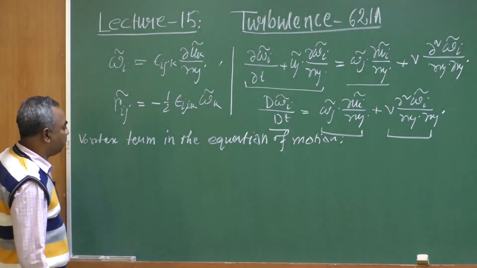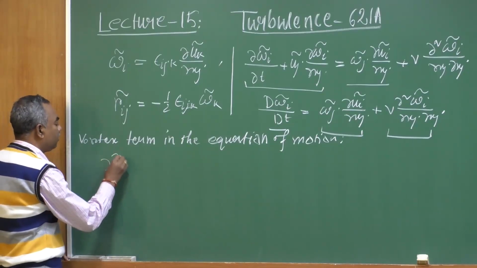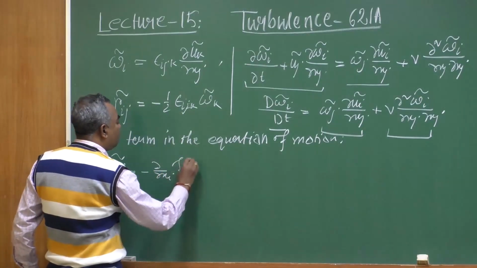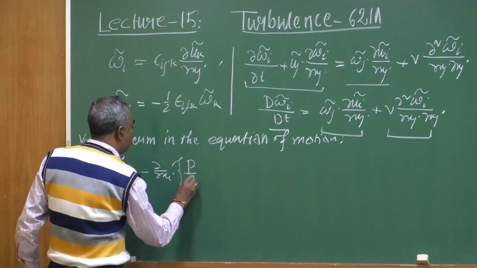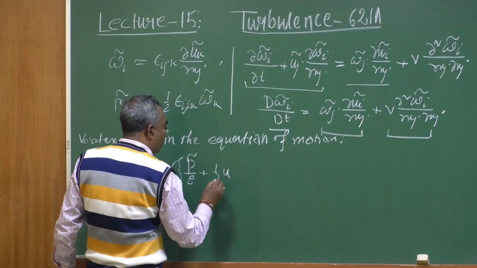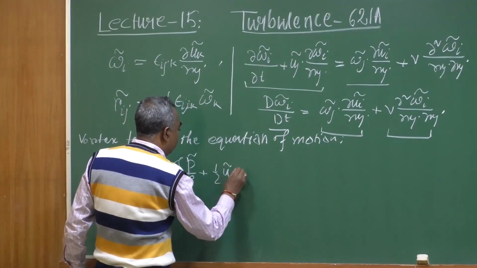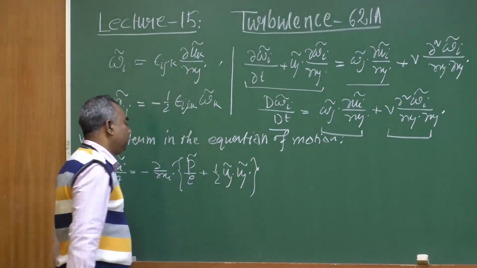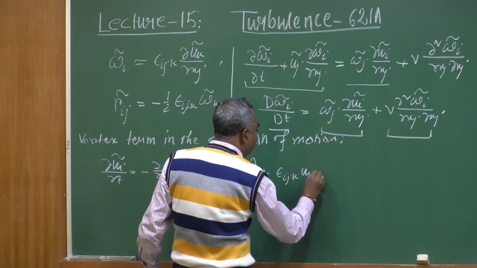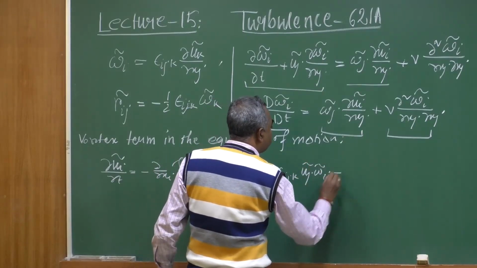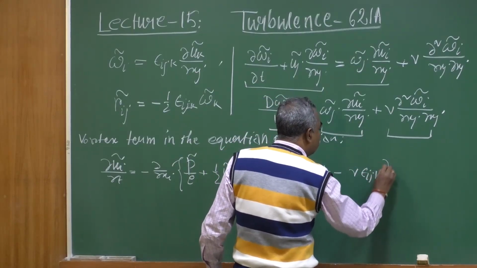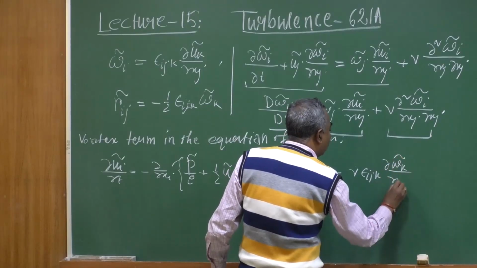We found that equation as this, equals minus del del x i of p by rho plus half u j tilde u j tilde, plus epsilon i j k u j tilde omega k tilde, minus the viscous term, which can be written as nu epsilon i j k del omega k tilde del x j, right.